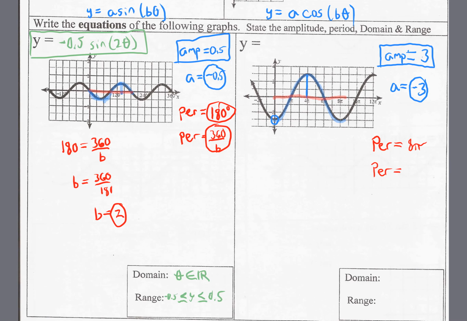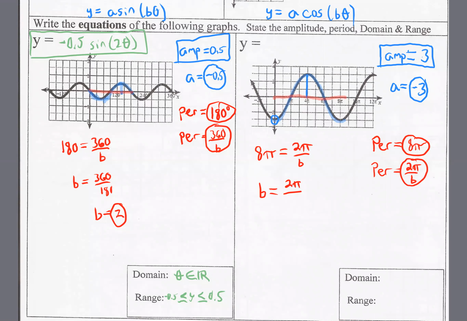So to solve for b, I'm going to set these two things equal to each other. Wait, Mr. Morrison? Yes. How come it's 8 pi, not 10 pi? I'm a little confused. Because with 10 pi, you're going too far. Let me cover the 5 key points.